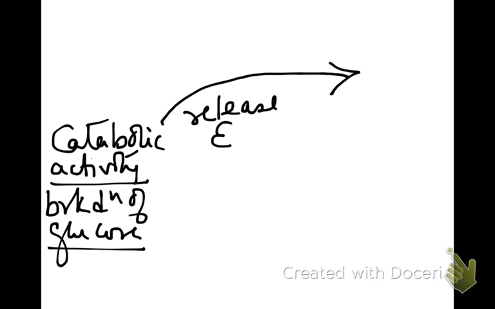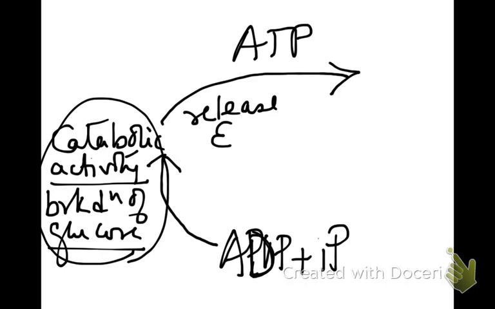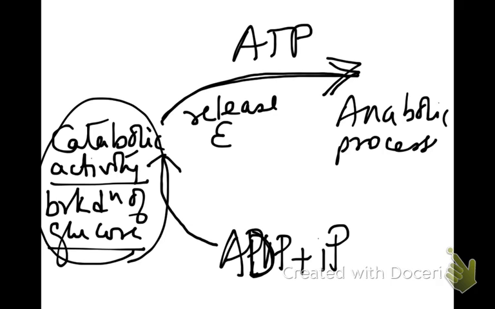If I am releasing energy, I will get ATP. How did I get this ATP? I had ADP plus inorganic phosphate put together by this catabolic activity, and I make ATP. Now, I have anabolic processes. This means I am building stuff, or biosynthetic synthesis.